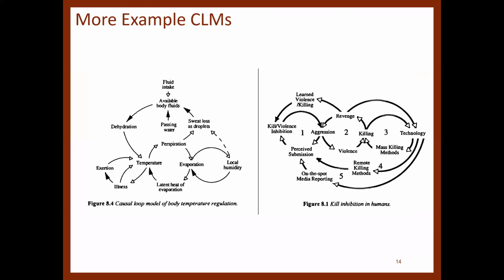This one is more targeting the social aspect of people getting used to seeing murders and how some of the things that are happening within the society are contributing to this killing inhibition in humans. So you can look at these two as additional examples.